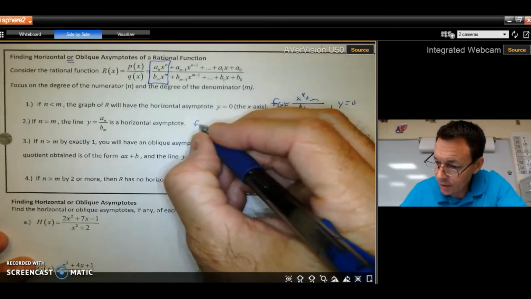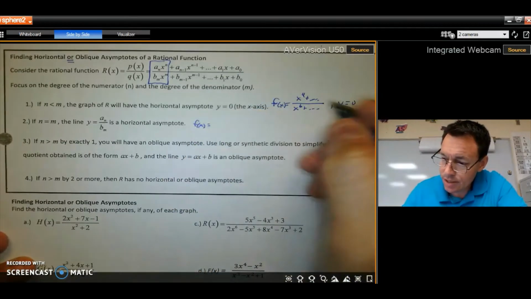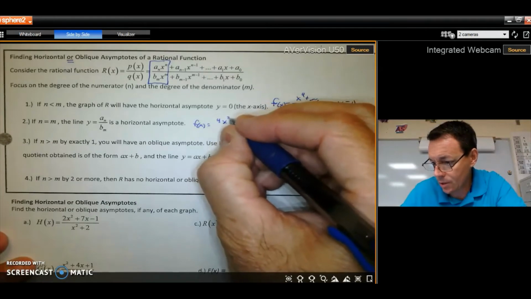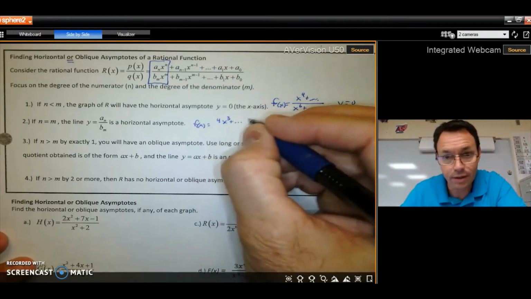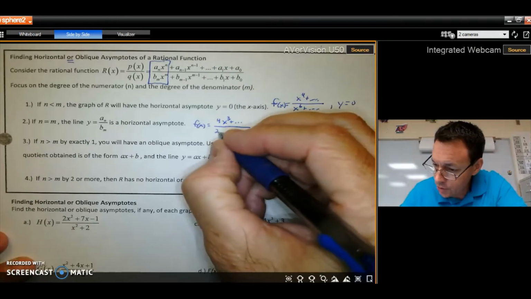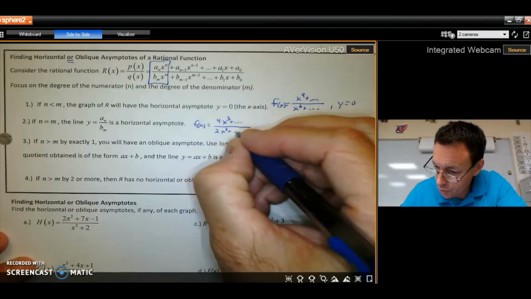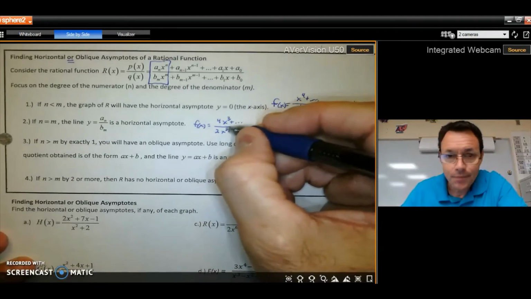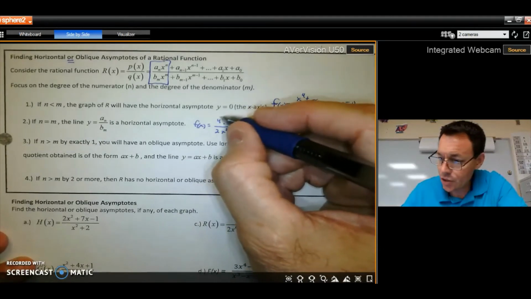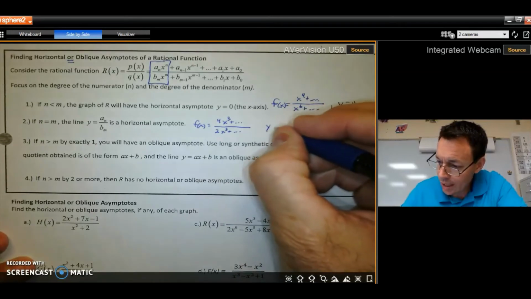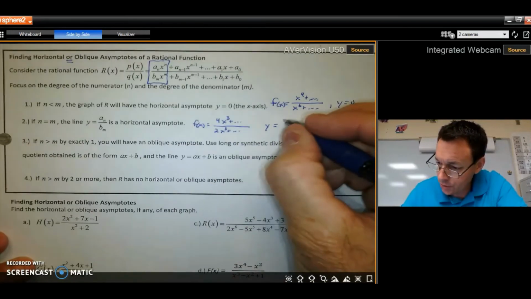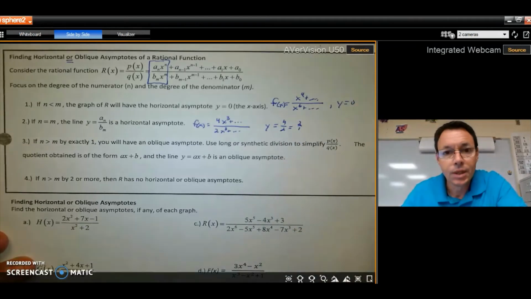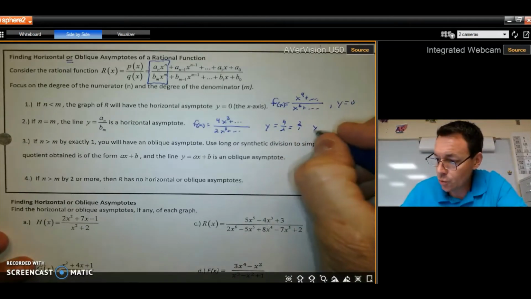So if I give you a function that starts out like, let's say 4x to the 3rd plus whatever, over 2x to the 3rd plus whatever, then the fact that these are the same, imagine that they cancel each other out, and then just look at these two numbers right here. Y equals 4 over 2, which would be the same as 2 over 1, okay, would be our horizontal asymptote. So y equals 2.